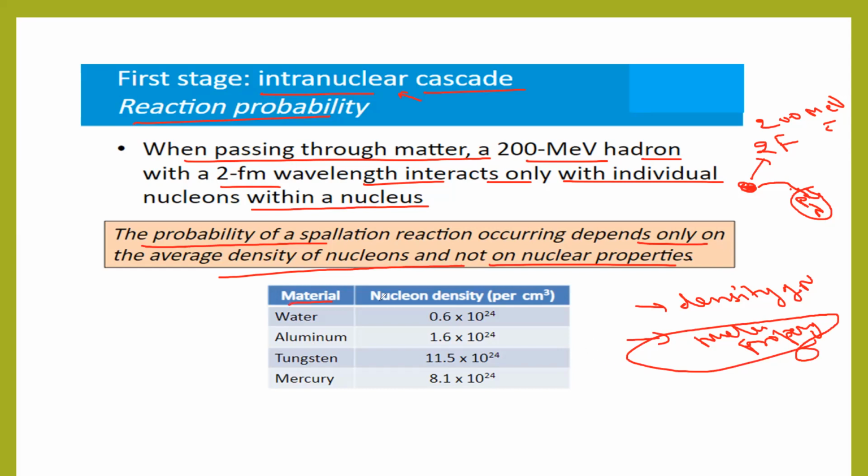So material and nucleon density: water, aluminum, this, and this. So we can say that in the nuclear spallation reaction, a high energetic hadron attacks the nucleus or an individual nucleon, and a huge amount of energy and subatomic particles are released.